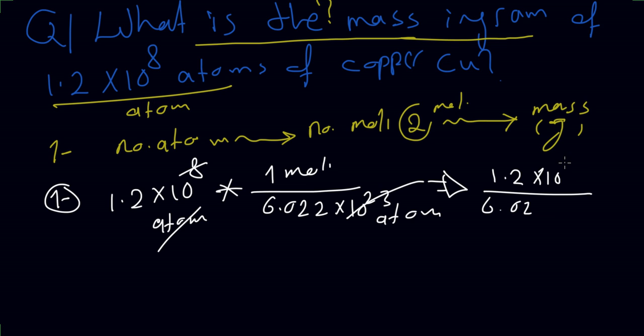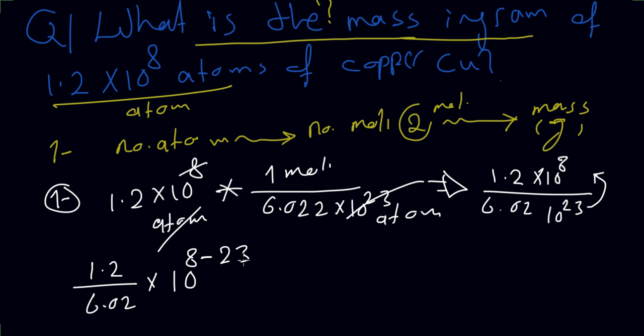You have 10 to power 8, you have 10 to power 23, so you just flip it, raise it to the denominator. You say 1.2 divided by 6.02 multiplied by 10 to power 8 minus 23.